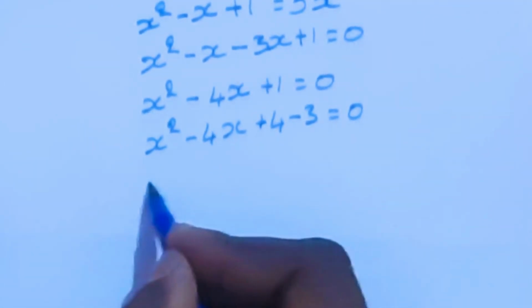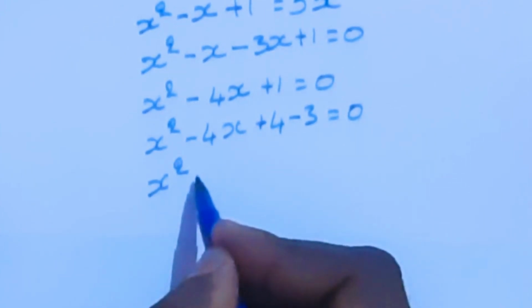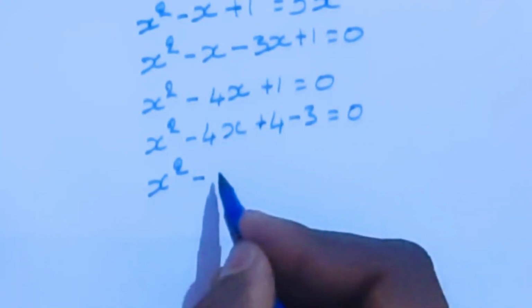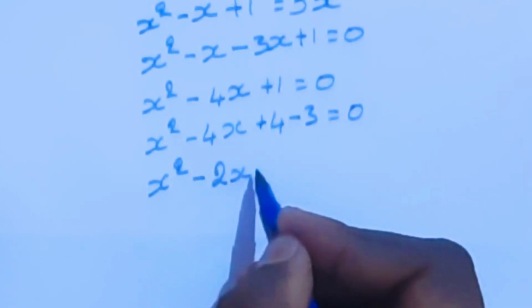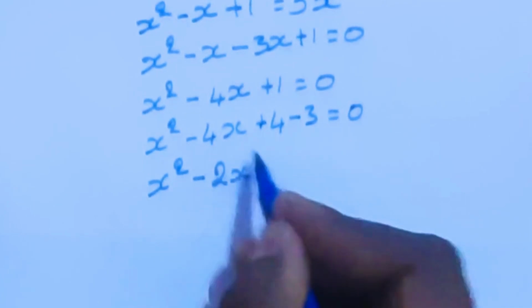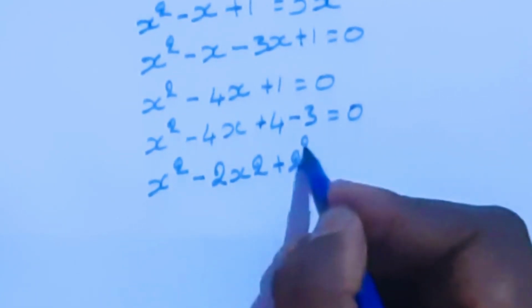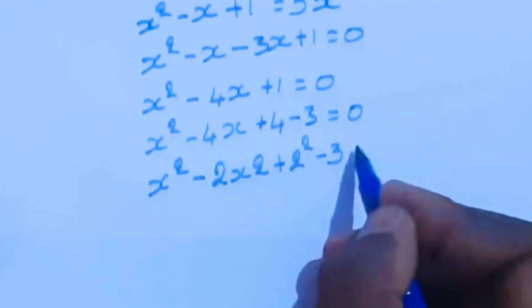Now x^2, this can be written as 2 times x times 2 plus 2^2, minus this 3 = 0.